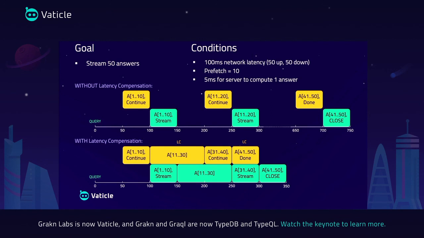Compensation kicks in again at 250, and it sends answer 50 and done at 300 milliseconds, leading to a total runtime of 350. Essentially, what we've created is a predictive system. The server has guessed that the client would request more answers, and it ensured that they arrived even before it knew they were requested.